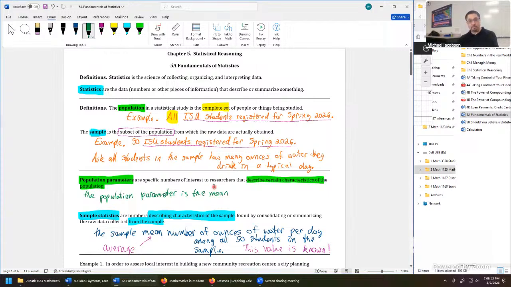Statistics likes this word a little bit better. So the population parameter is the mean number of ounces of water per day among, here's that word again.